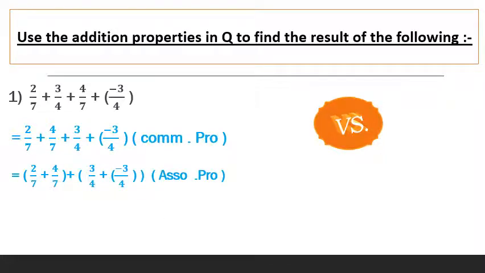The first group, 2 over 7 plus 4 over 7, equals 6 over 7, plus the next group, 3 over 4 plus negative 3 over 4, equals 0, the additive identity. Then the result will be 6 over 7.